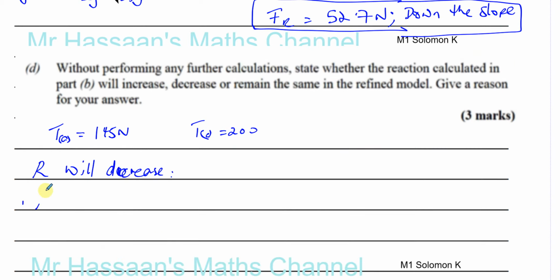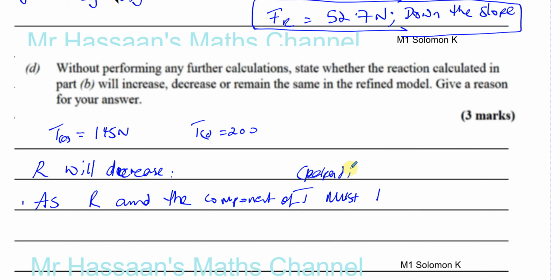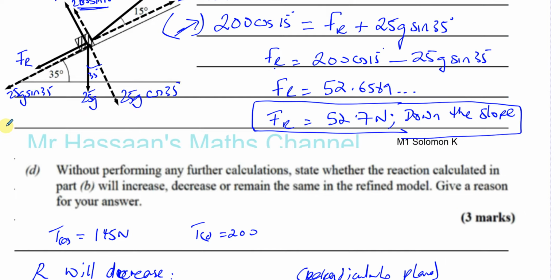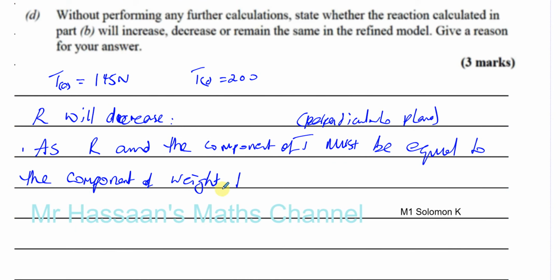You can say as R and the component of T perpendicular to the plane must be equal to the component of the weight of the object perpendicular to the plane.